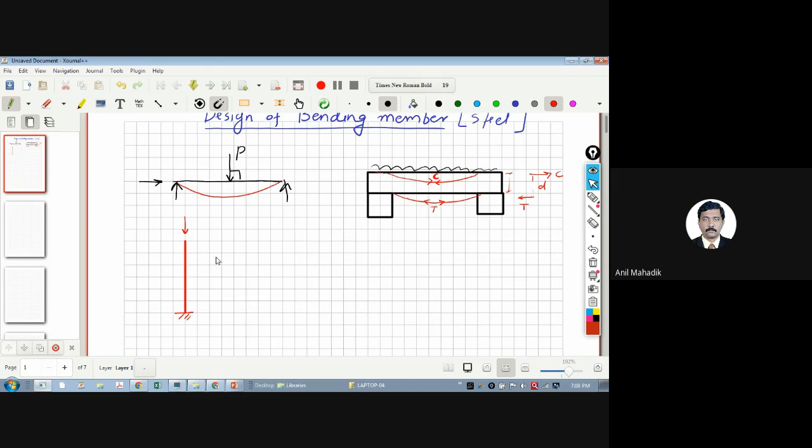Can I say this is a bending member? First case. Then the second case is I am having load like this. Can I say this is a bending member? So case one, case two.